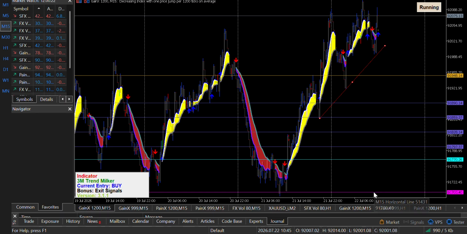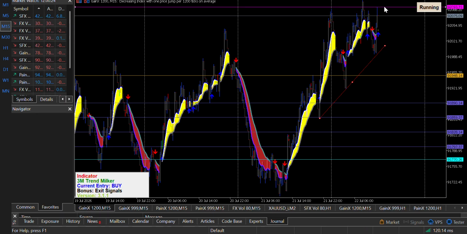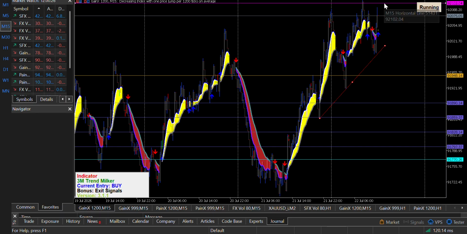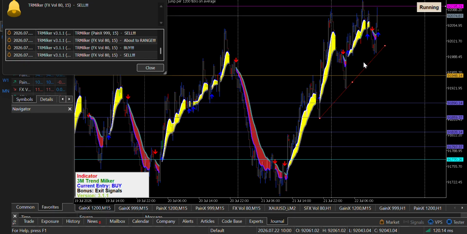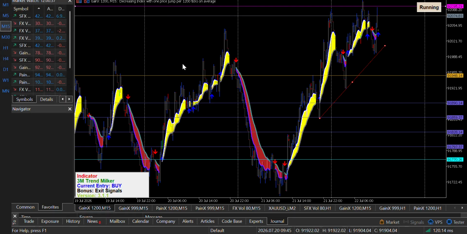Normally, what we should do is to mark this resistance zone out to know if it will break out above it. Okay, so if it is not going to break out above it, then definitely it should change into a downtrend. But before we can say it's really going to sell, before we can pick up our entry point, we need it to break out below this support trend line.